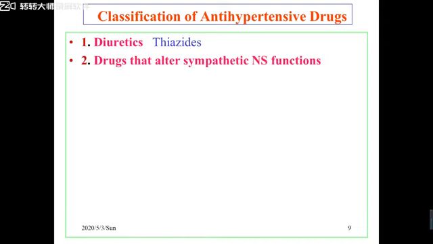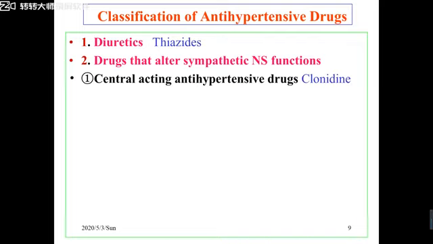The second kind inhibits the sympathetic nervous system. At the highest level, the central level, are the central acting antihypertensive drugs.